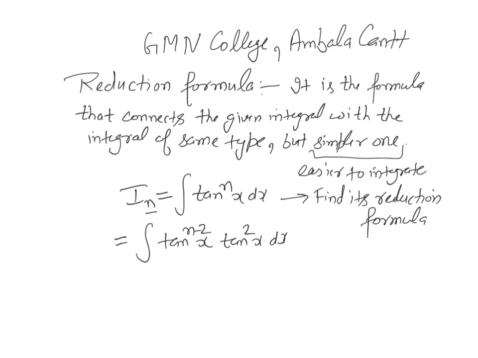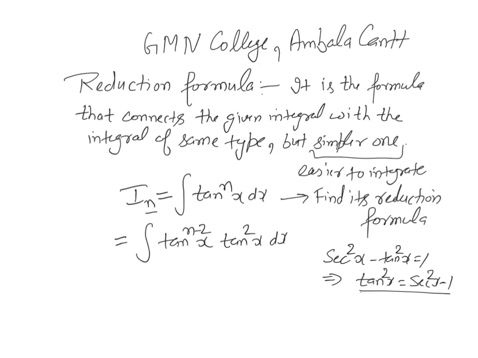We know secant square x minus tan square x is equal to 1, so tan square x is equal to secant square x minus 1. We are going to replace this so that we could integrate it.